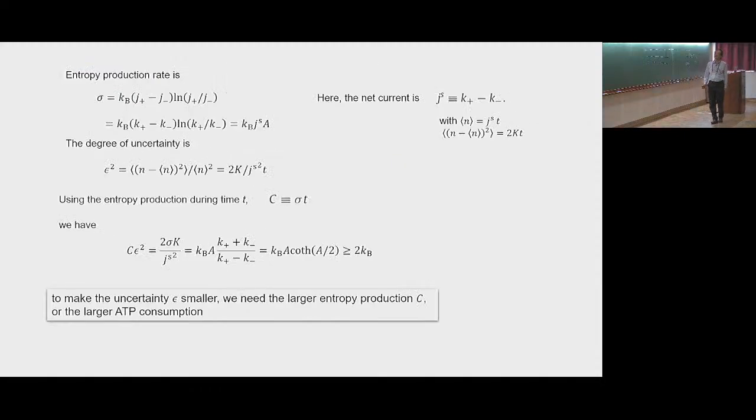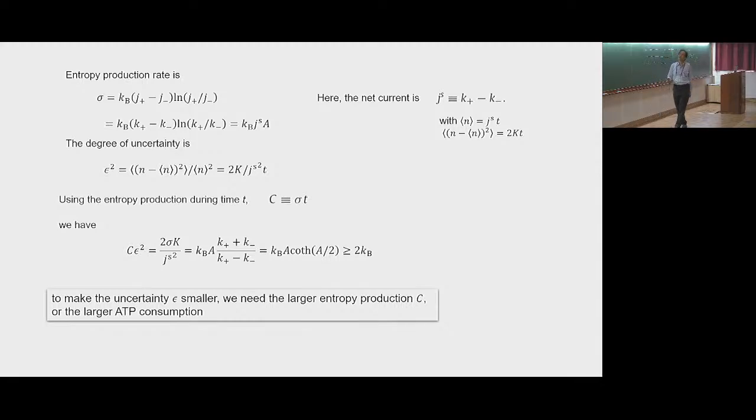And we can calculate the entropy production rate like this: J plus minus J minus multiplied by this factor. This ratio represents the free energy supply or free energy dissipation, and this factor represents the probability per unit time.